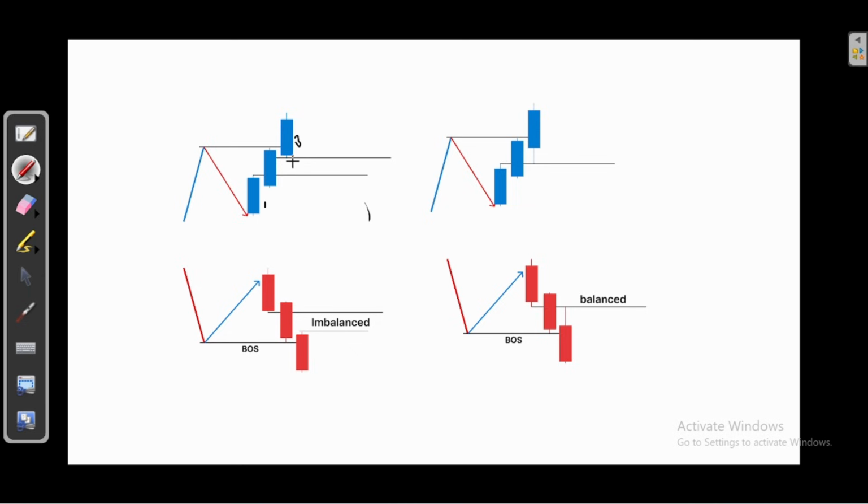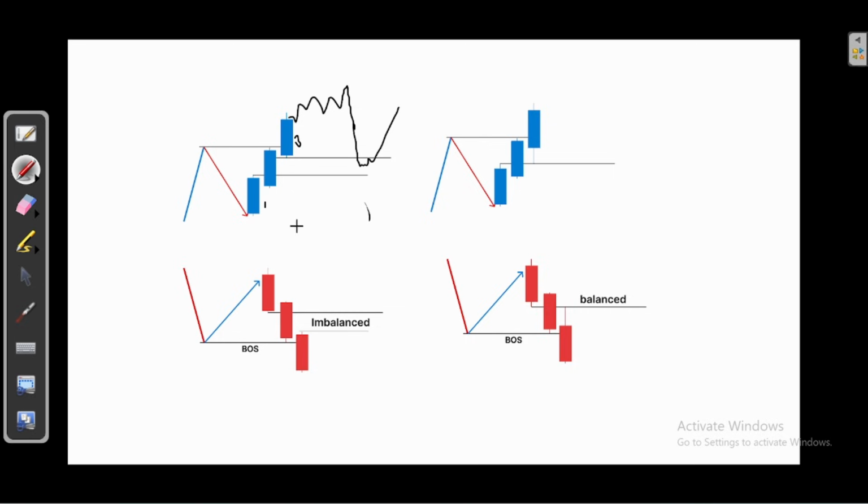So there is a gap here. That is what we call imbalance. And this imbalance always acts like a magnet. If price pushes up, it will still attract price back to come and fill the orders that are available here. So when it mitigates this level, we can start looking for opportunity to buy.